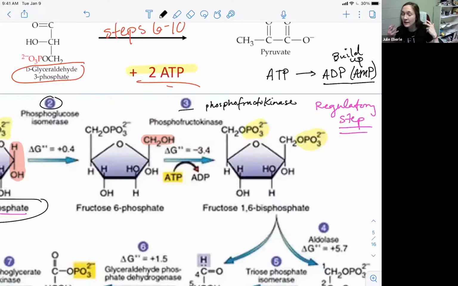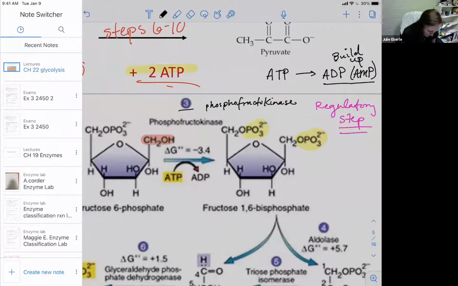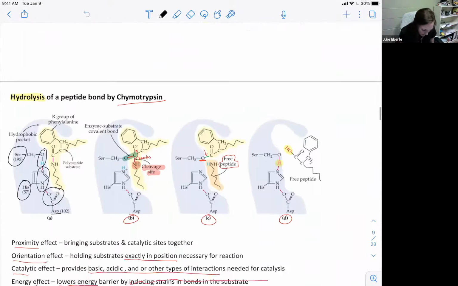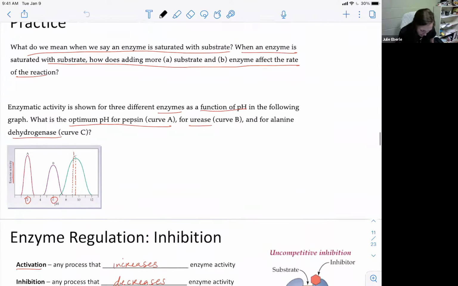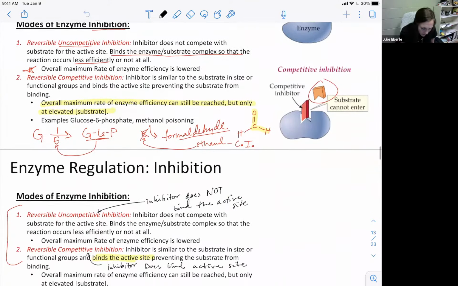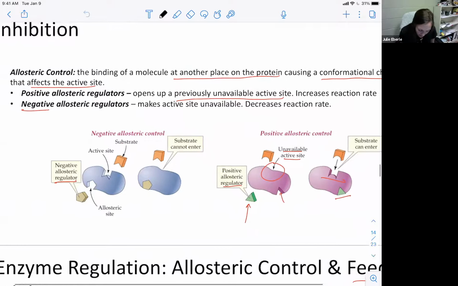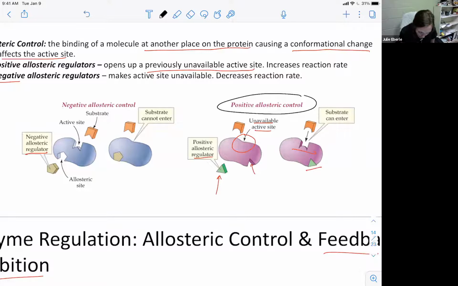They're allosteric regulators. But if you remember when we talked about allosteric inhibition, I just feel like I want to pull that slide back up. We talked about allosteric inhibition. We said there's activators and there's inhibitors. So I'm going to go down the picture that I'm thinking of in my head. Okay, right here. So AMP and ADP are positive allosteric regulators.